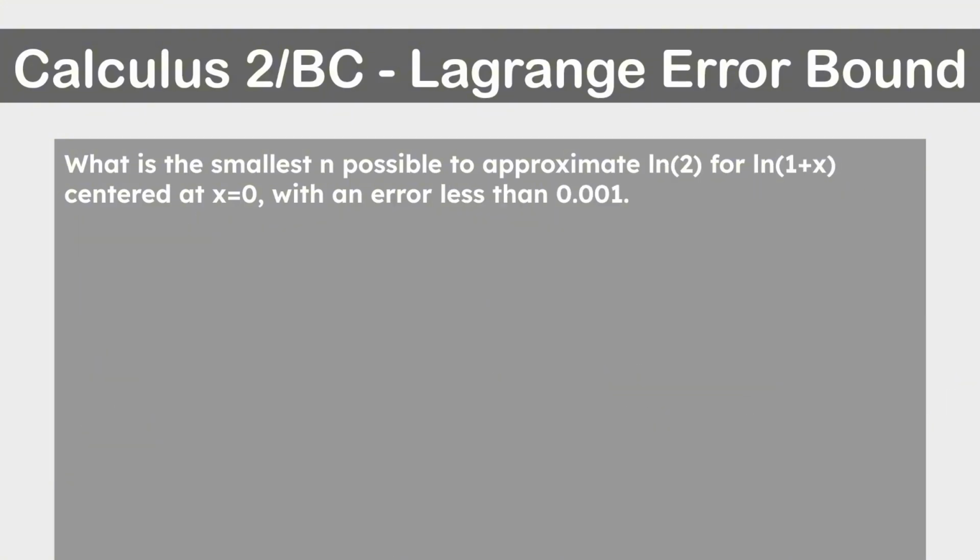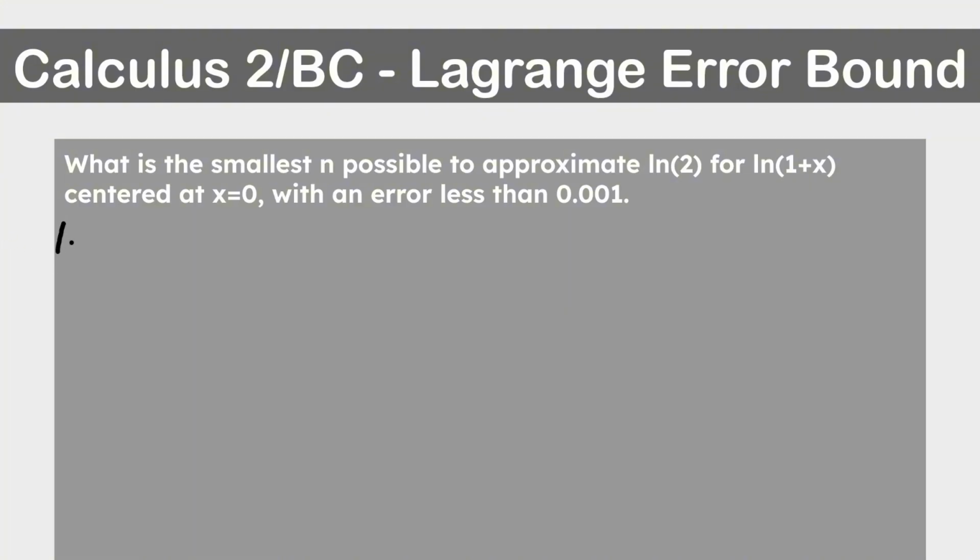Okay, so here we are asked to find what is the smallest n possible, or degree, to approximate the natural log of 2 for the natural log of 1 plus x centered at x equals 0 with an error less than 0.001.